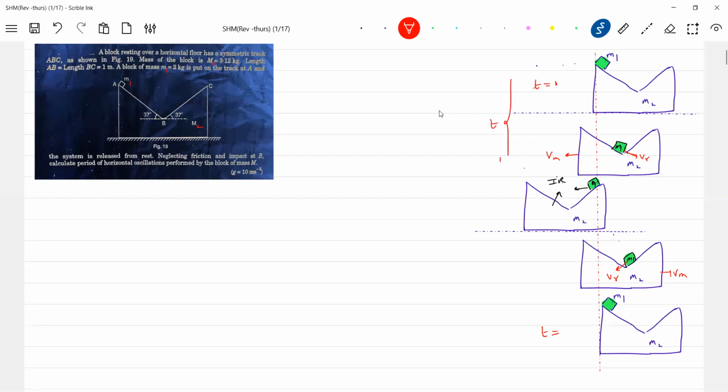This is T. Total time of oscillation will be 4T, but it's not SHM. Again, there'll be a test. I think everyone is able to understand instantaneous rest here. Like that, it will continue its oscillations.